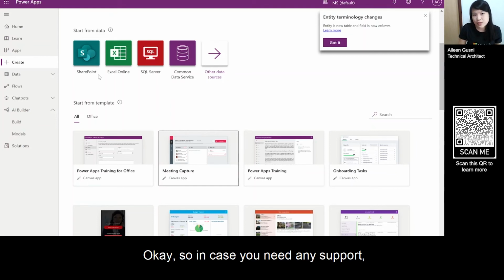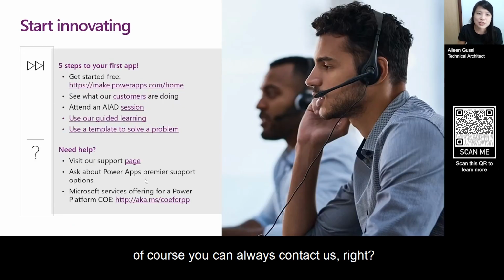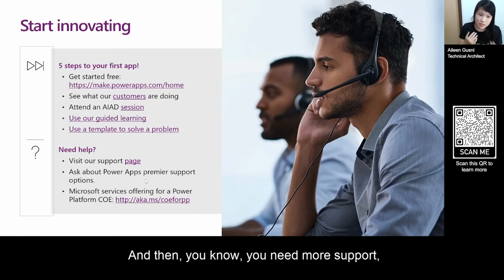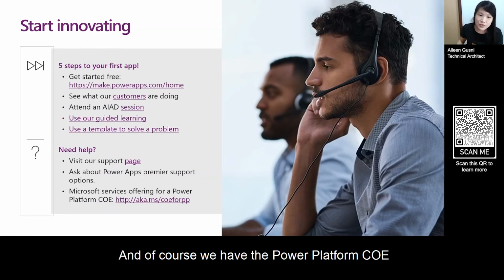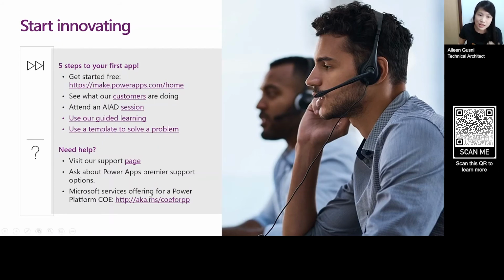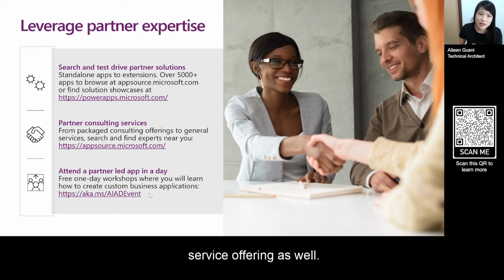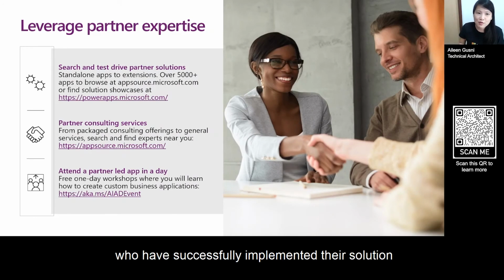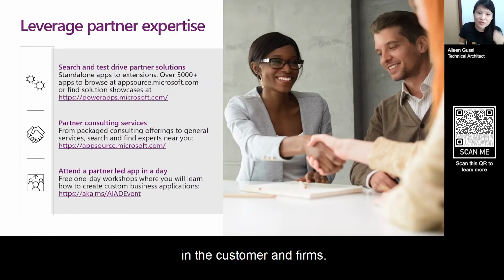Okay, so in case you need any support, of course, you can always contact us, right? And if you need more support, you can also engage our premier support. And of course, we have the Power Platform CoE services offering as well. Okay, we also have a lot of partners who have successfully implemented their solutions in customer environments.